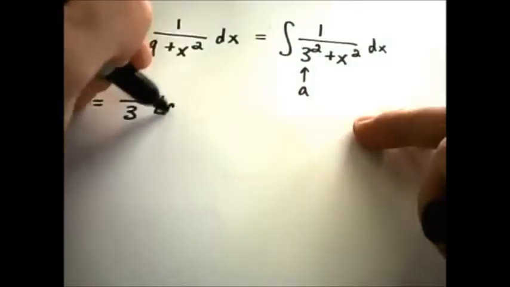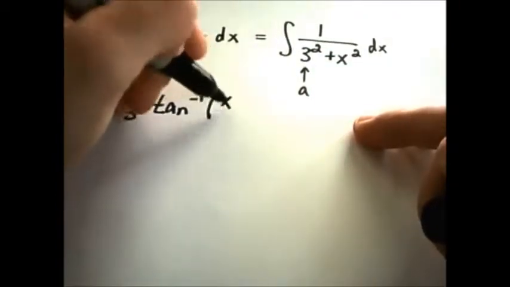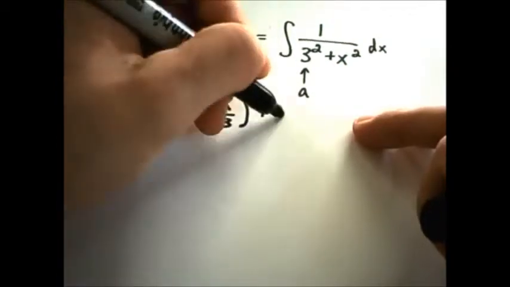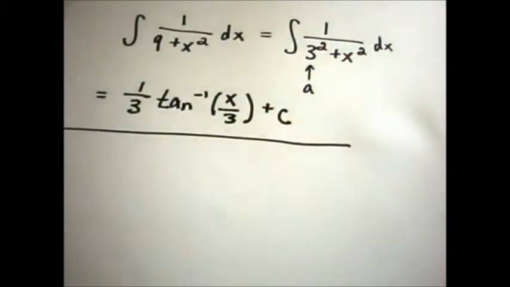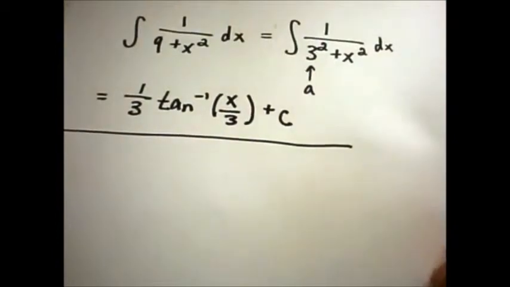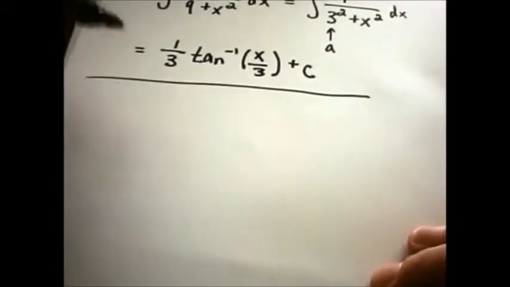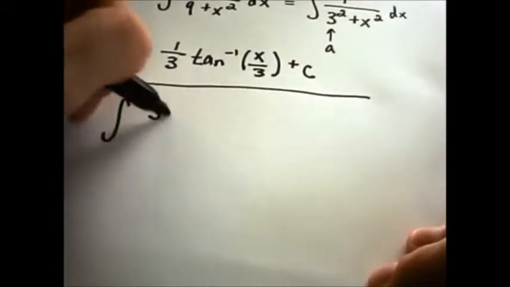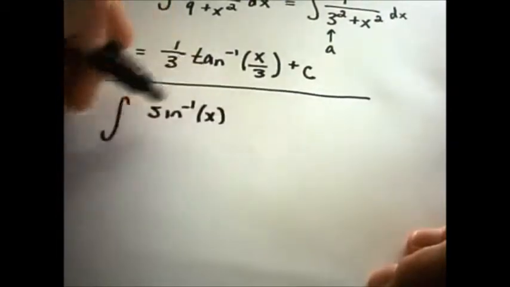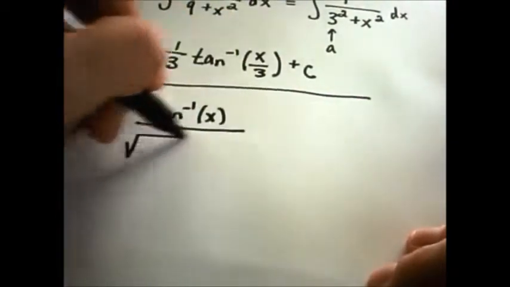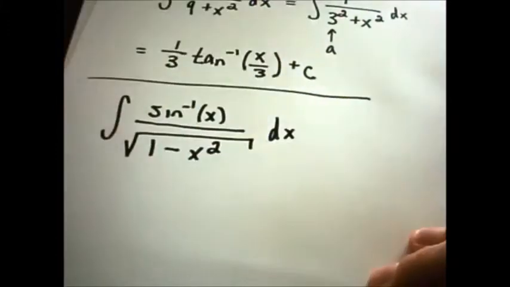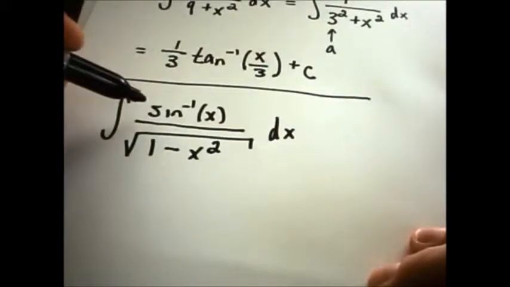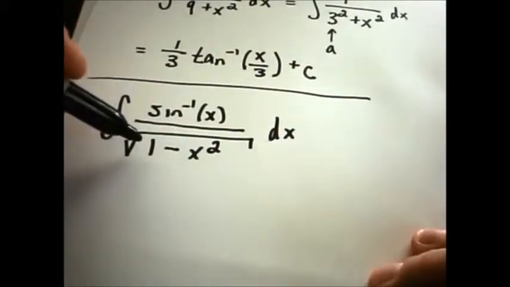You could rewrite this as 1 over 3 squared plus x squared. So now the 3 is my a value from that other generic formula. And if you integrate, you get 1 over the a value, which in this case is 3, arctangent of x over 3 plus c. And that is your antiderivative.